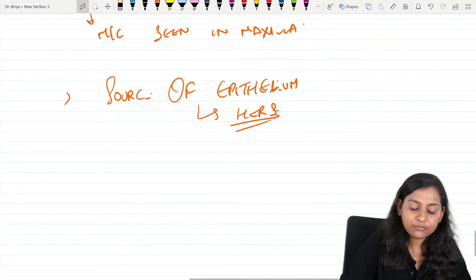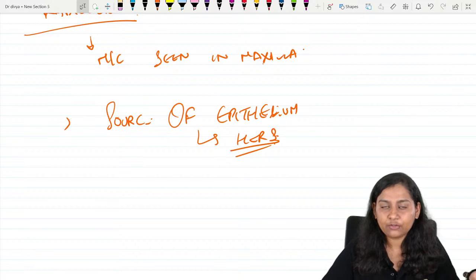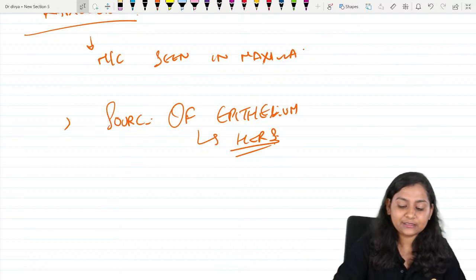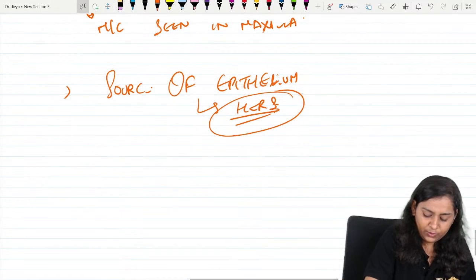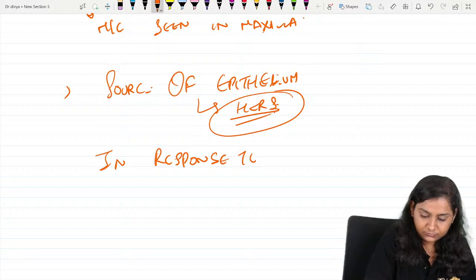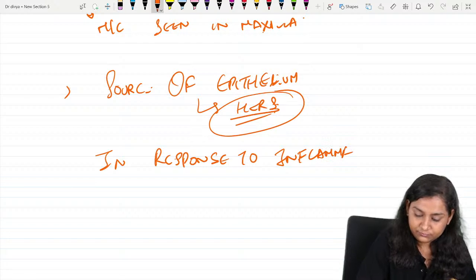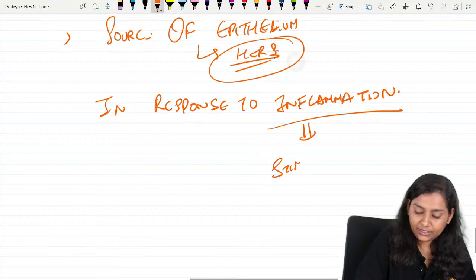Now what happens for the radicular cyst? There has to be some inflammation. When the tooth is having some kind of inflammation because of dental caries or trauma, what it will do, it will stimulate this Hertwig's epithelial root sheath or the cell rest of Malassez. Okay, so in response to inflammation, there is stimulation of HERS.